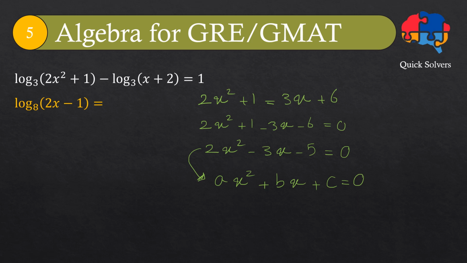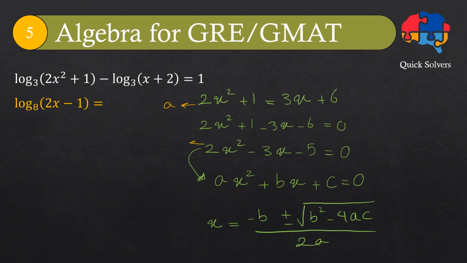We are using the quadratic formula, which says x equals minus b plus or minus the square root of b squared minus 4ac, over 2a. And this 2 is a, this minus 3 is b, and this minus 5 is c. So a is 2, b is minus 3, and c is minus 5.